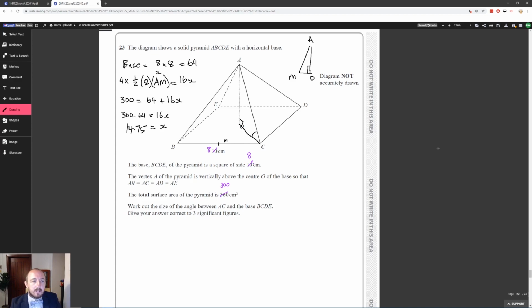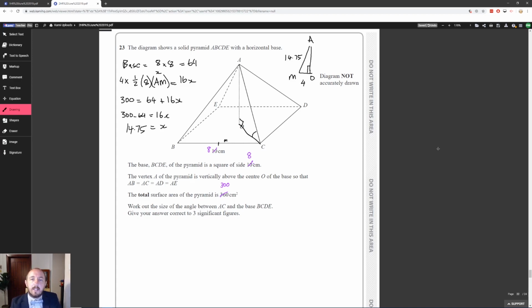And we've just worked out that AM is 14.75, and O to M, we can work that out here. O to M is half the distance from here to here, so that's just going to be 4, because it's just half the length going all the way across the middle, which we know is 8.